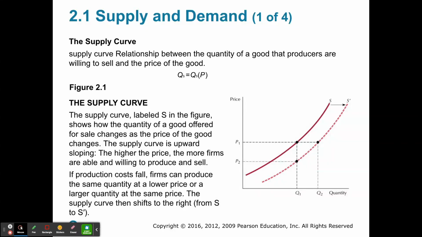Basically, as the price goes up, firms are willing to supply more, and when the price is lower, firms don't want to supply as much. Thus, it's upward sloping. So we're only talking about what the firm is willing to sell, not how much it thinks it could actually sell at that price.